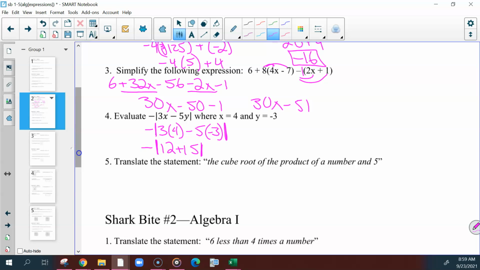Then we can add those two together. That wasn't supposed to be negative, that's my bad. Now that there's nothing else left to do on the inside, we can just bring that down outside of the absolute value, but there was a negative on the outside. So our final answer becomes negative.